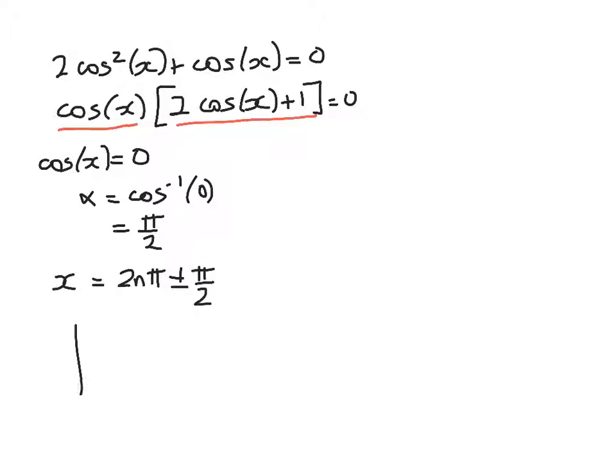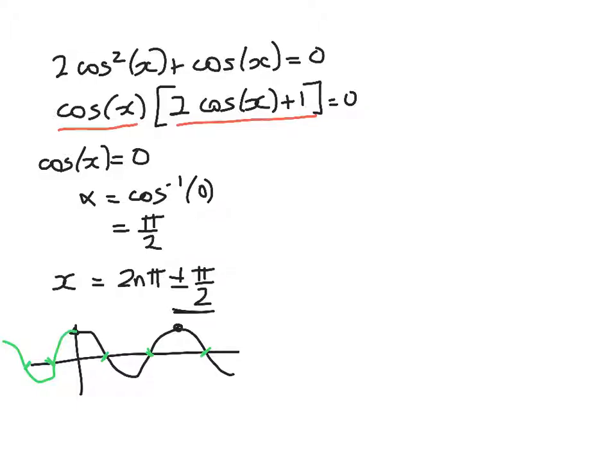And just remember what's going on there with the symmetry of the cosine graph is that I'm going every 2 pi and then I'm going backwards and forwards by pi on 2. So that's going to generate all of those solutions in both directions forever. Okay, so that's that part done.